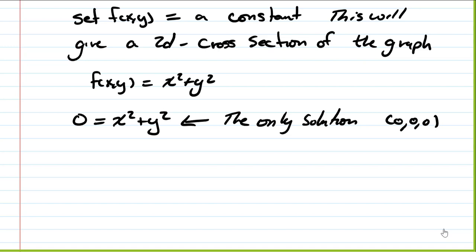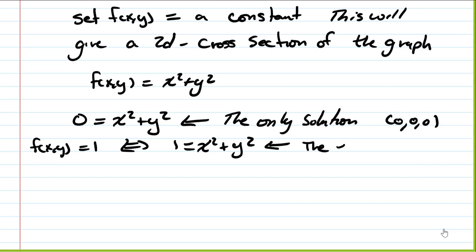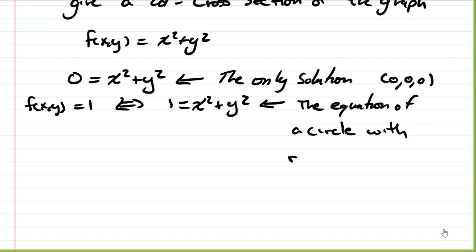If we let f of xy equal 1, this would give us the equation 1 equals x squared plus y squared. We recognize that this is the equation of a circle with radius 1 centered at 0, 0.